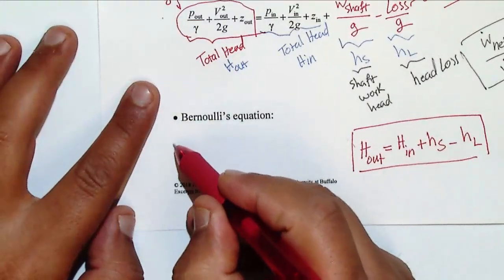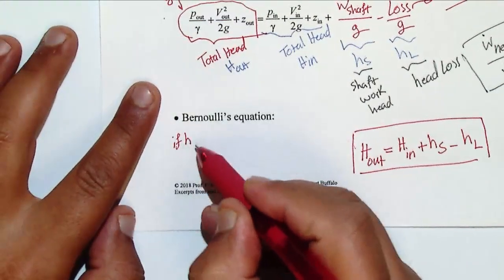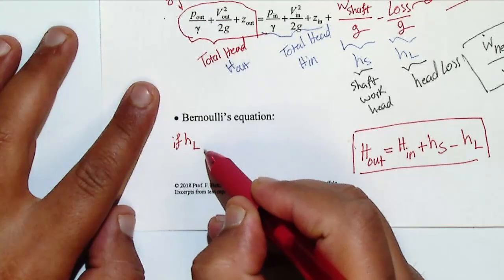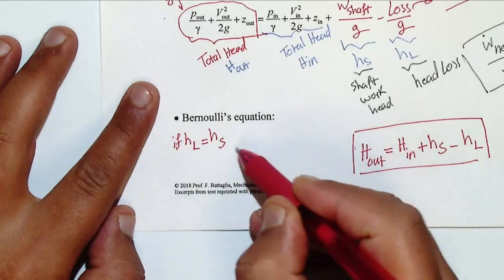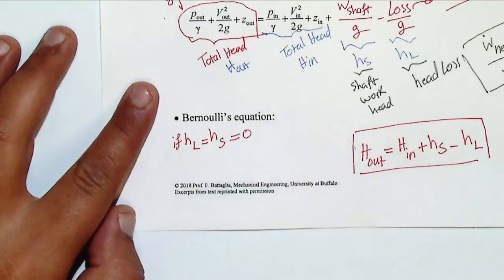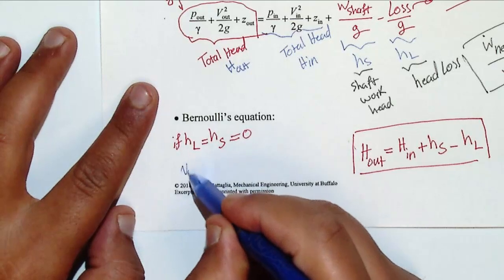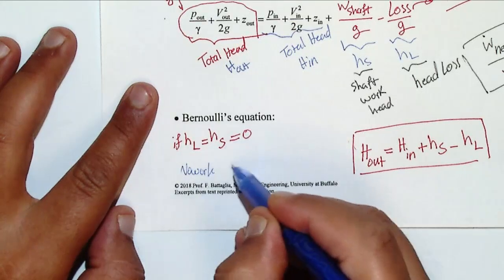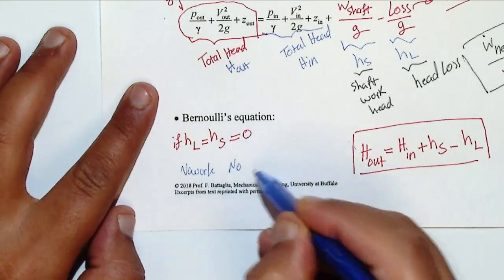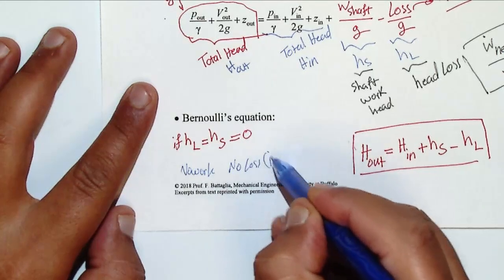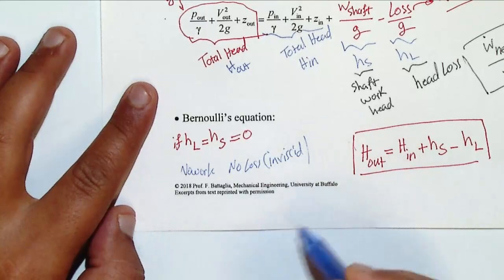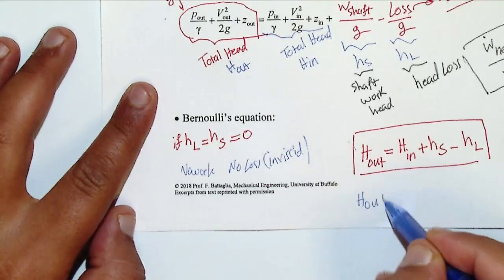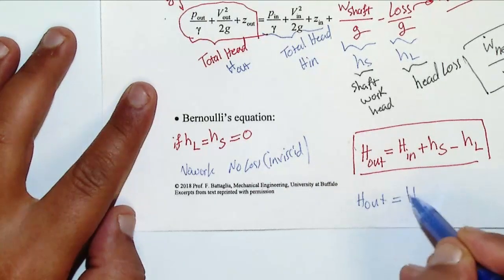Bernoulli assumes that if there is no loss and there is no work by the system or on the system, and these two are 0, then H out should be equal to H in.